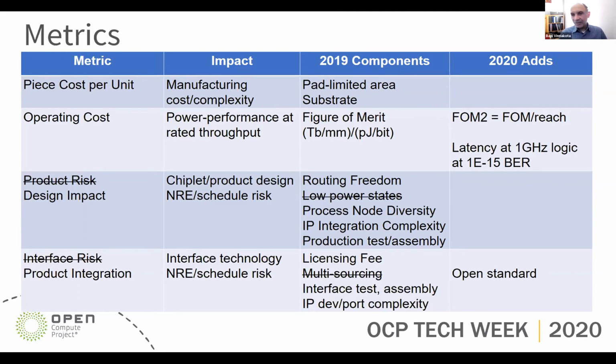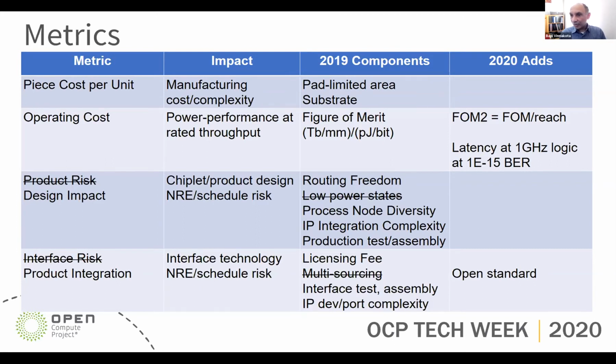And then the fourth bucket we have is product integration. As you can see, we largely renamed last year's categories more than replacing them. Basically, the whole idea is what kind of business risk are you taking with this? Can you get the interface? Do you have to pay a licensing fee or any royalty fee for the technology itself?